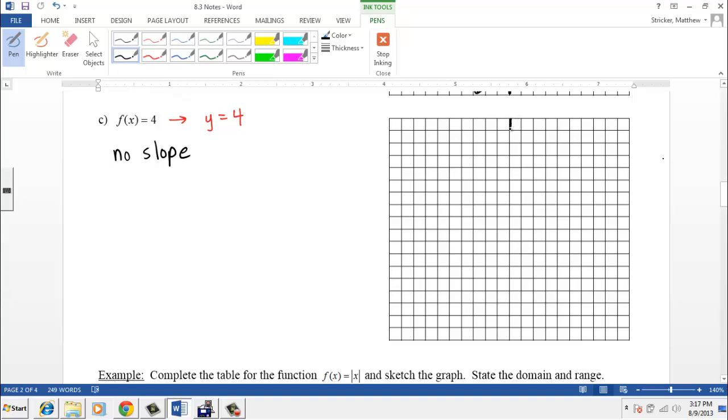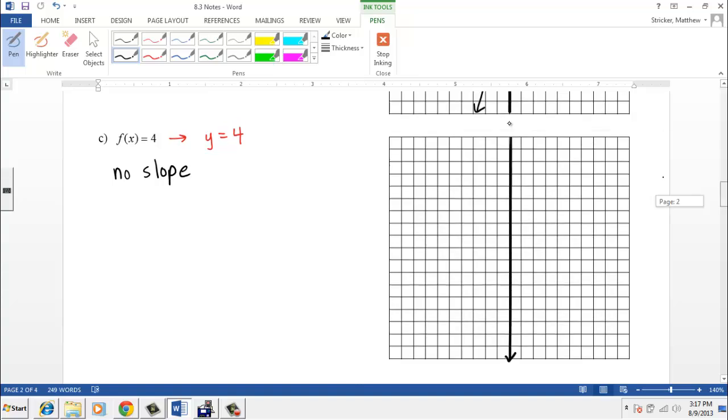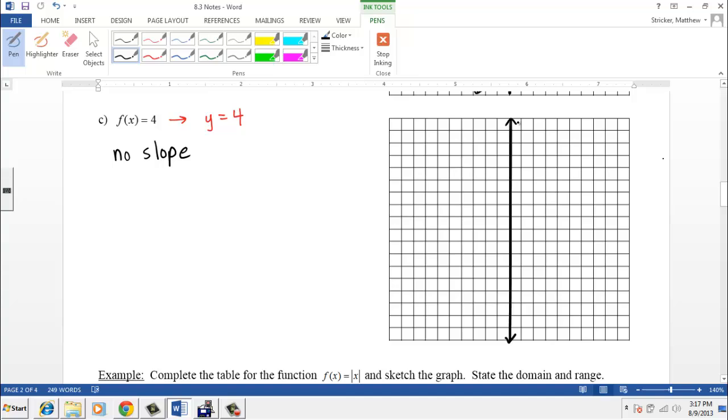The way I like to help students remember this is, if a line has no slope, it's like driving on a road that has no slope. Well, roads that have no slope, are they really steep or are they completely flat? And the answer would be that they are completely flat. They have no slope. And so in this case, this is just a line that goes through y equals 4.